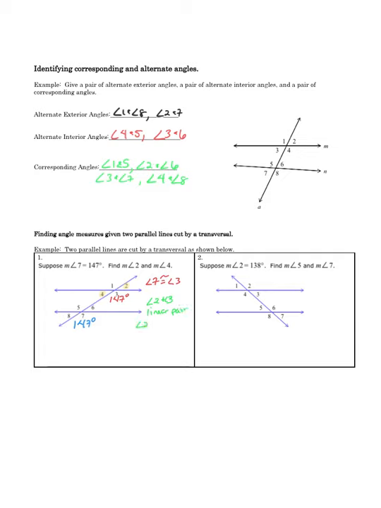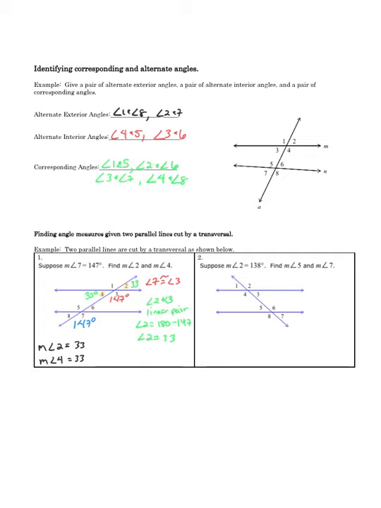So angle 2 equals 180 minus 147. Angle 2 equals 33 degrees. And since angle 2 and 4 are vertical, angle 4 is 33 degrees. So here's my answer: measure of angle 2 equals 33, measure of angle 4 equals 33. That is one way you could do it.